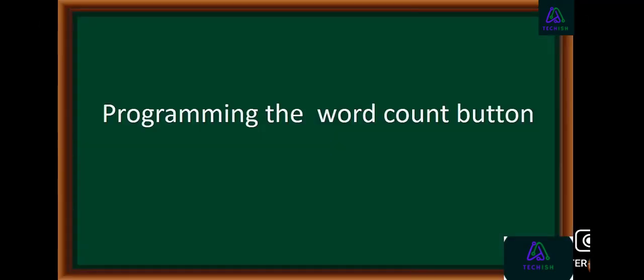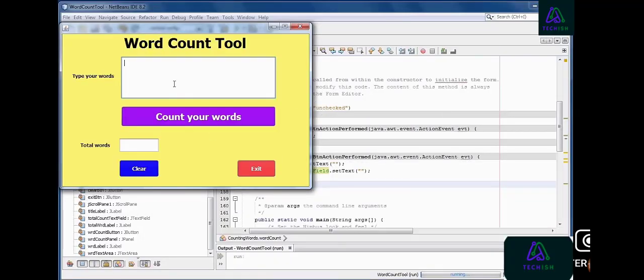Well, welcome. In this lecture, we are going to program the word count button. At the moment, we can enter text and we can clear the text, but we cannot perform a count. So we're going to program this count button so that it can count whatever words you type into the text area.